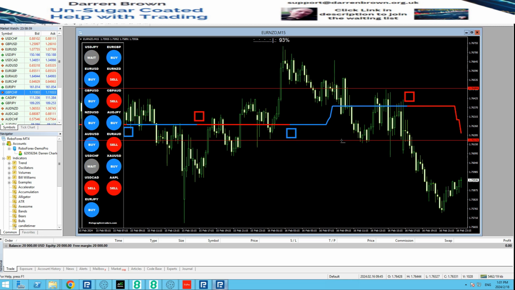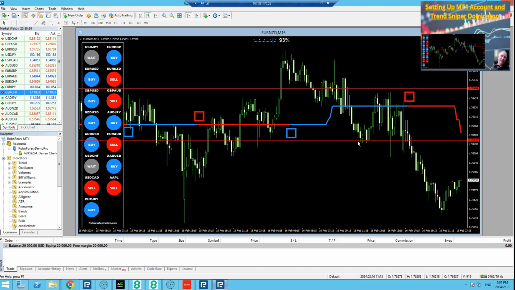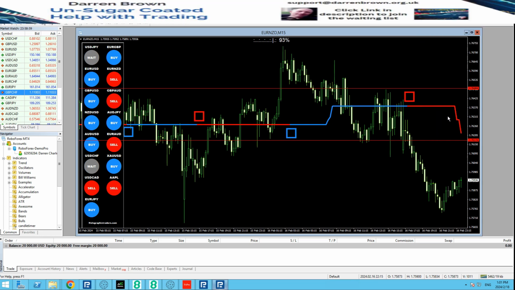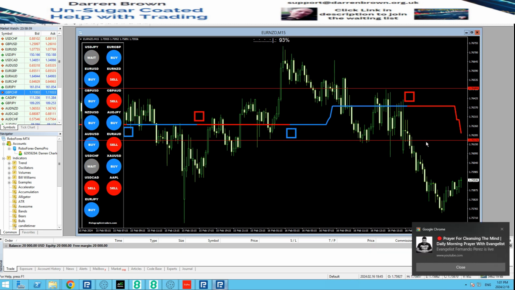Maybe go up a little bit more to about there, because you see it's been respecting this point. So it means it's going to come down to this point, bounce, and probably go back up, because it's respecting. So you see where these have already been down here, and previously they've already been down here as well. Where it's been respecting, it's giving you an idea that it's going to come down, bounce on this support.